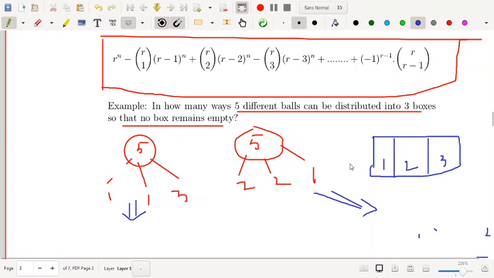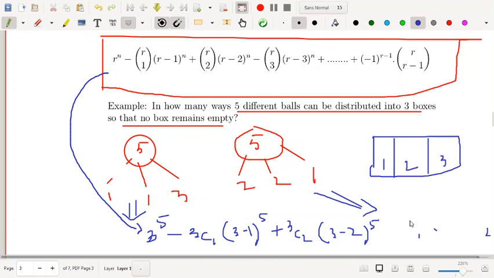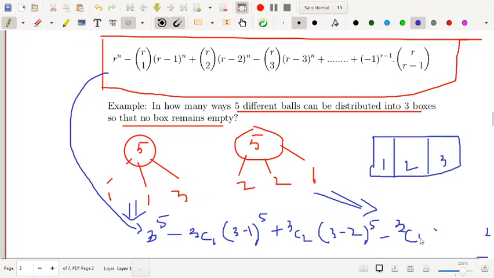5 different balls, 3 different boxes, so you have 3 to the power 5 minus 3C1, 3 minus 1 whole to the power 5 plus 3C2, 3 minus 2 whole to the power 5. Just applying this formula, minus 3C3 into 3 minus 3 whole to the power 5.